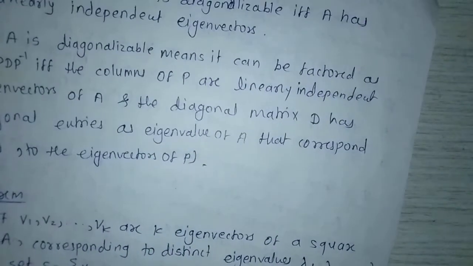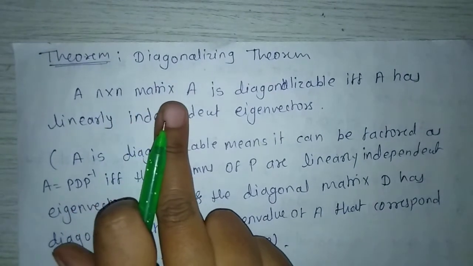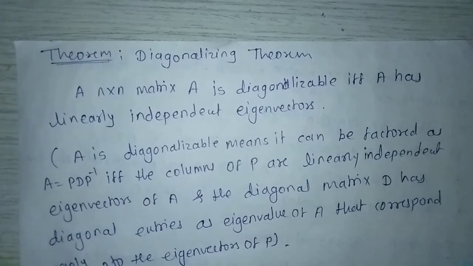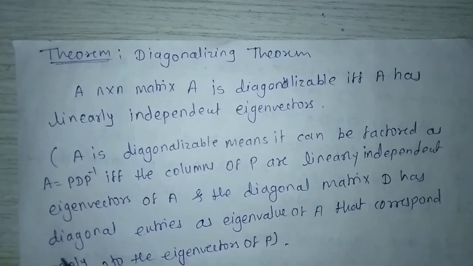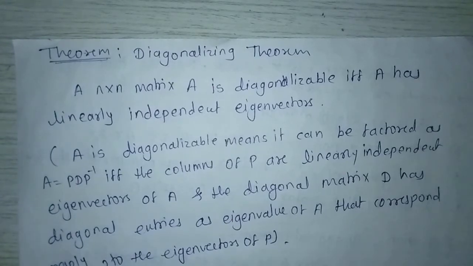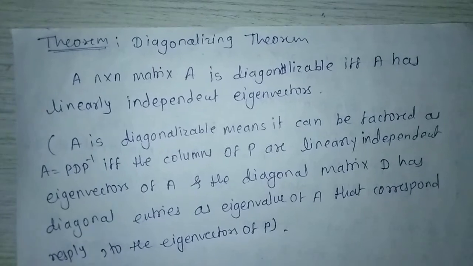Now next theorem, the diagonalizing theorem. An n by n matrix A is diagonalizable if and only if A has n linearly independent eigenvectors.